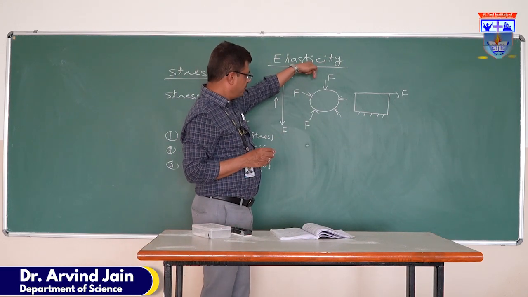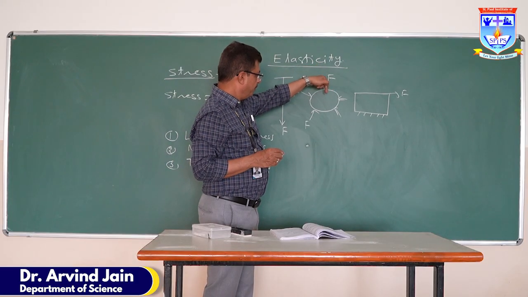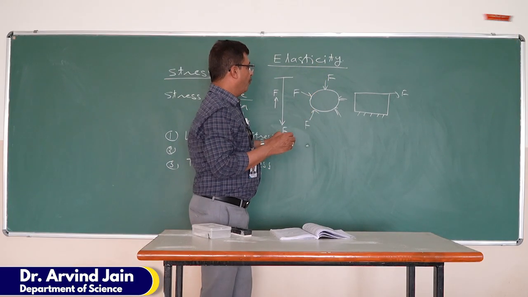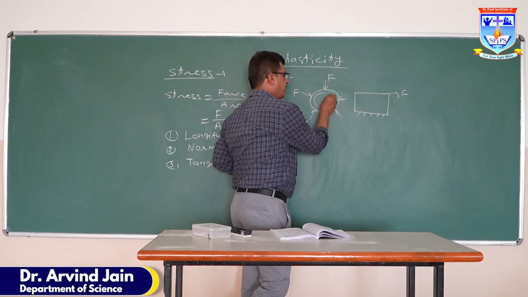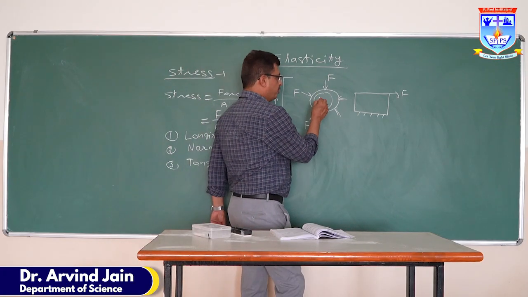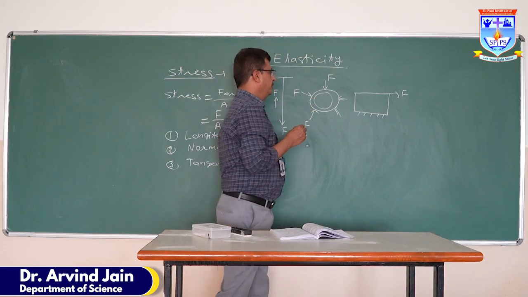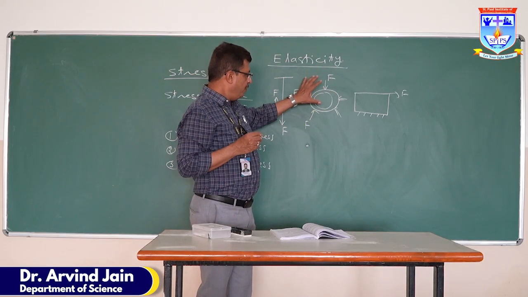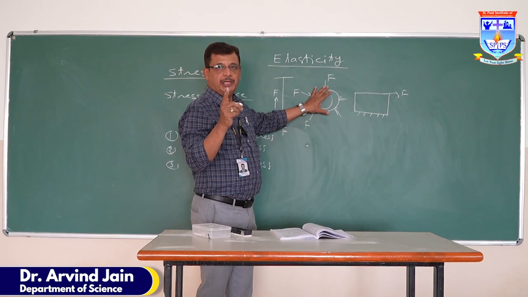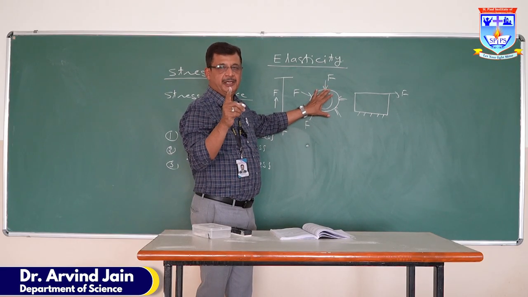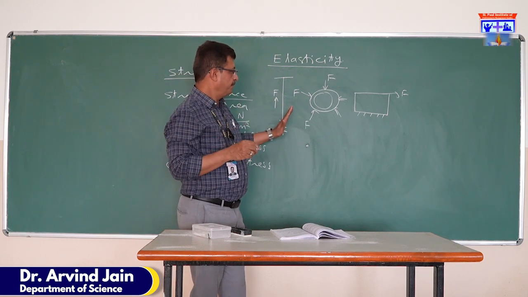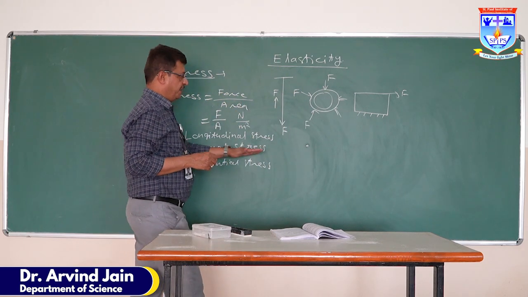When an external force is applied perpendicular to the surface, then the volume of the body changes, and a restoring force is produced in the body. The value of restoring force which acts on unit area of cross section of the body is called the normal stress.